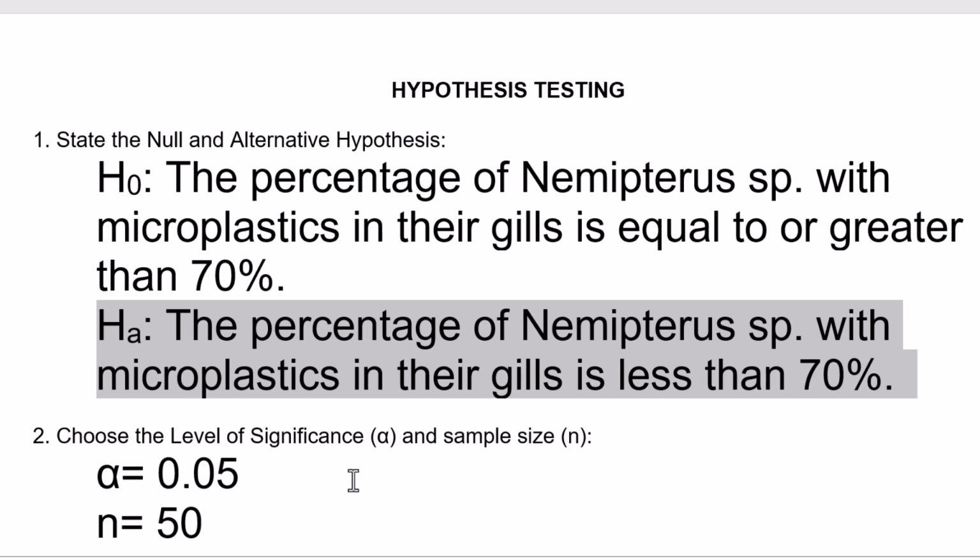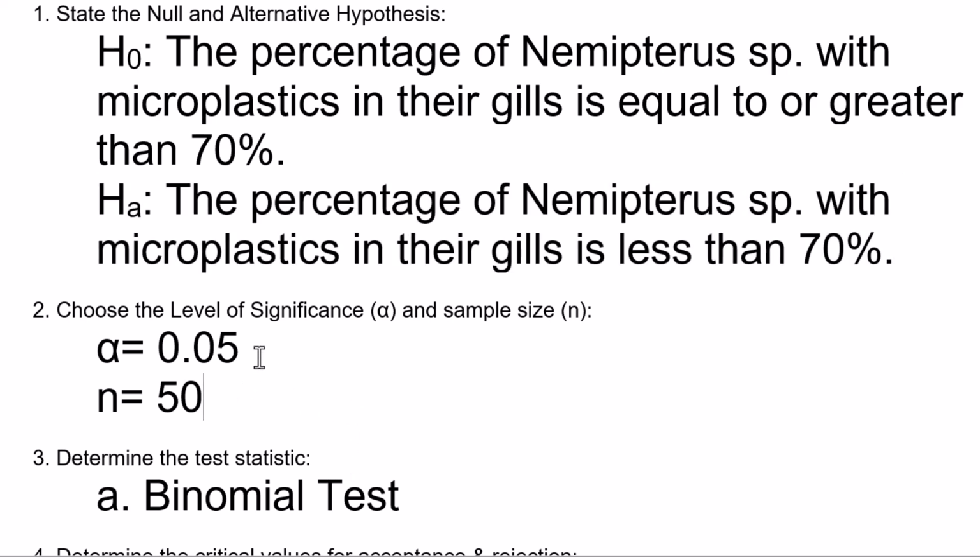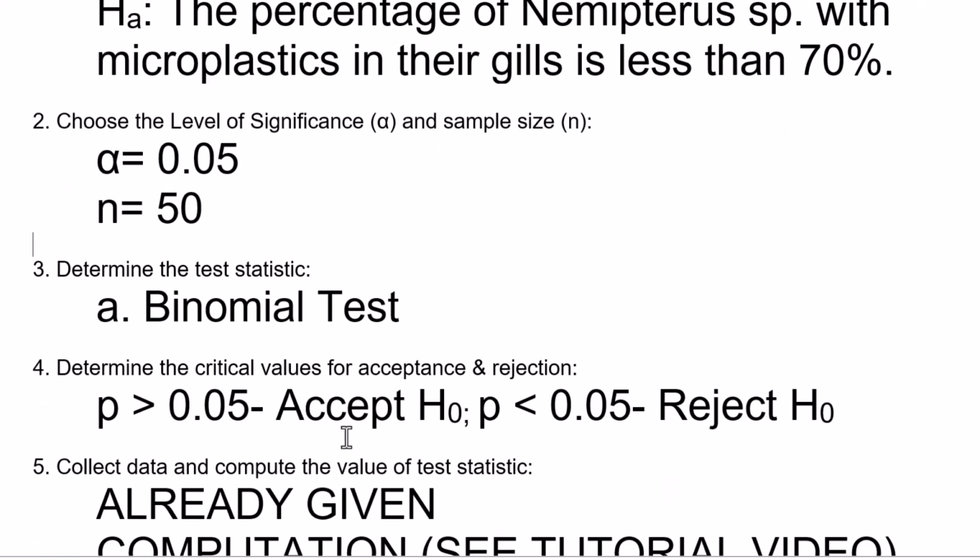Next, as usual, you choose the level of significance and sample size. So here again, it's 0.05. Our N is still 50. Then we determine the test statistic. So we have chosen binomial test.